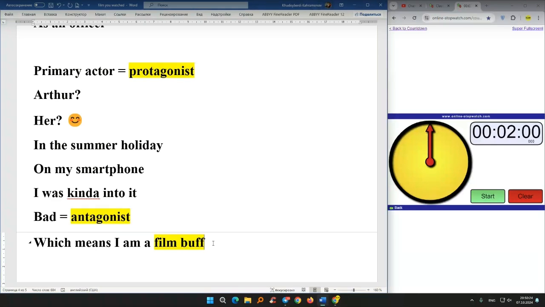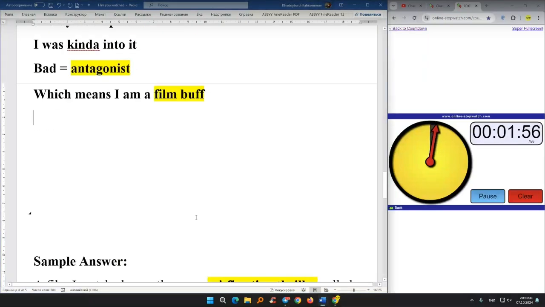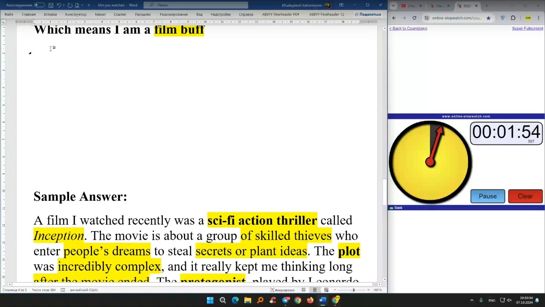A film I watched recently was a historical war film called Enemy at the Gates. The movie tells the story of the Battle of Stalingrad, and the movie is about the dedicated Russian sniper Vasily Zaitsev.